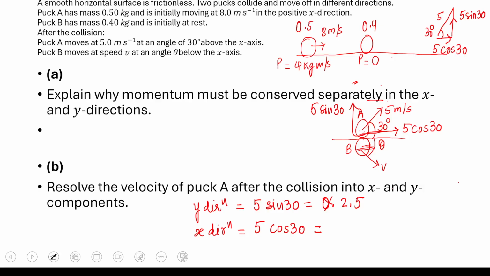So most of the component is in the x direction, so 4.33 meters per second. So we got the x component and we got the y component. This is what was asked. Okay, let's do the next part.